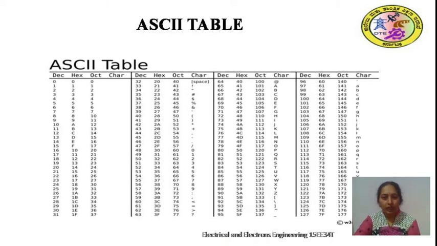In this table we can see the decimal number ranges from 0 to 127, that is a maximum of 128 combinations, and which value represents which character is shown in the column.